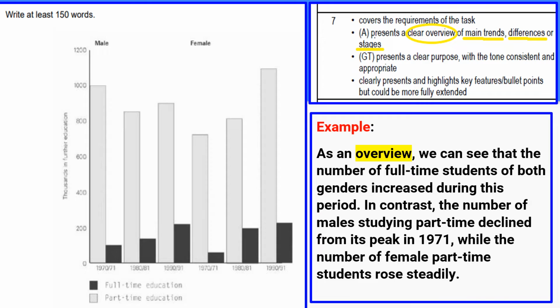In contrast, the number of males studying part-time declined from its peak in 1971, while the number of female part-time students rose steadily. My example has described both a trend, an overall increase, and a difference. Males studying part-time declined, while females studying part-time showed a steady increase.